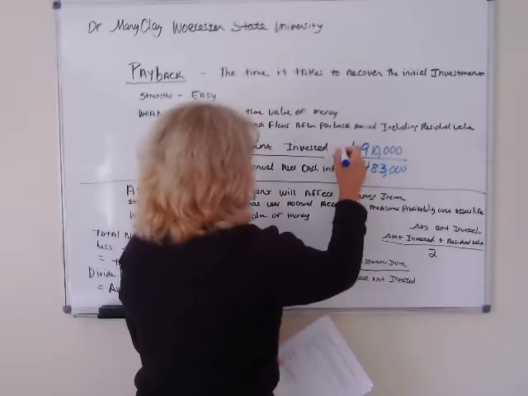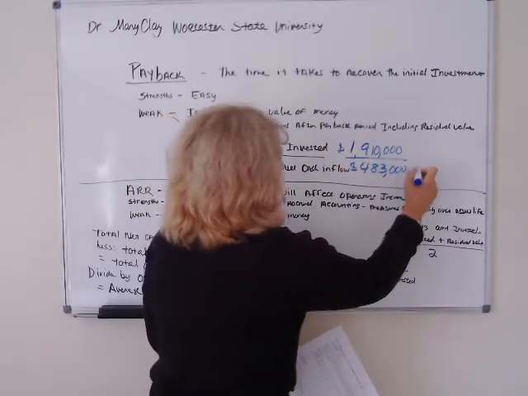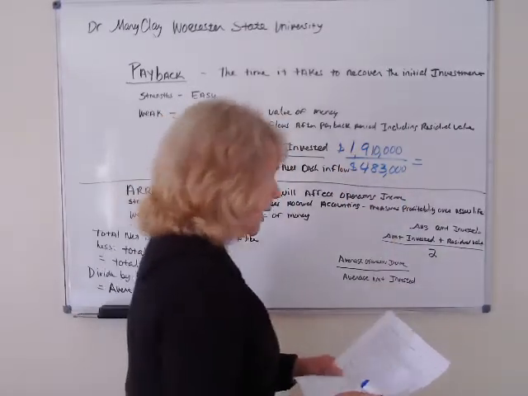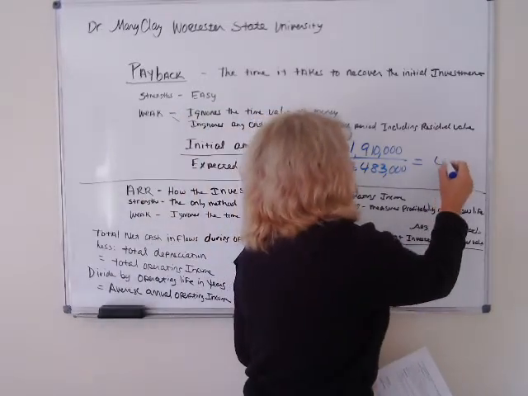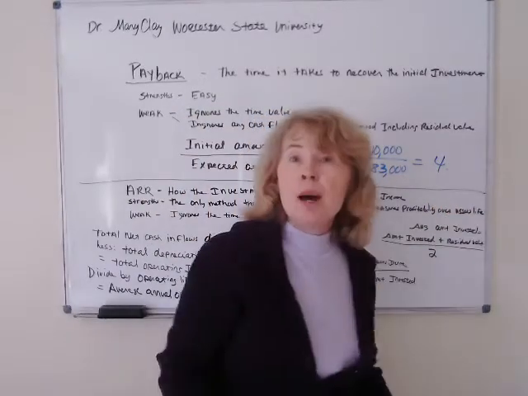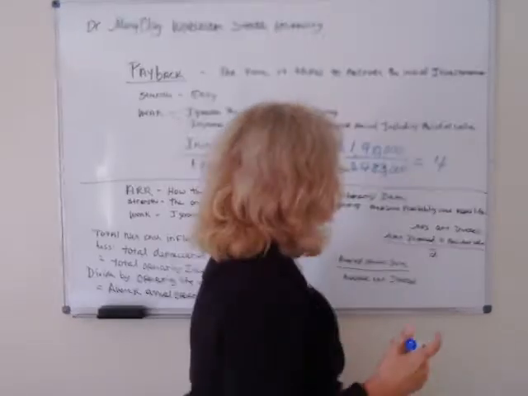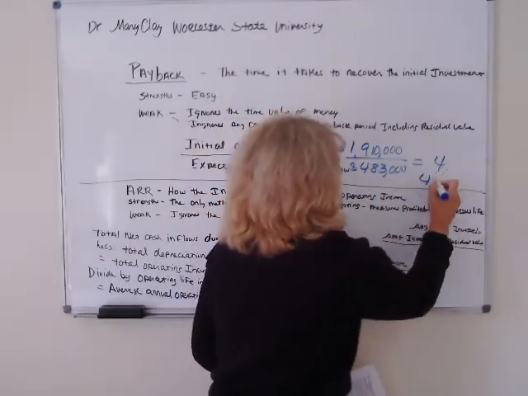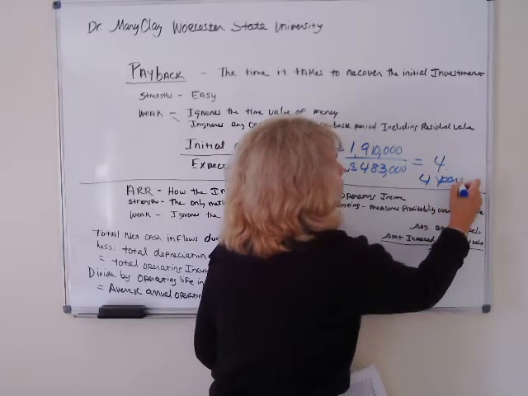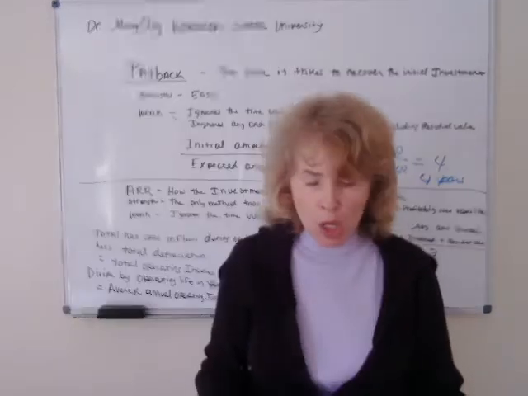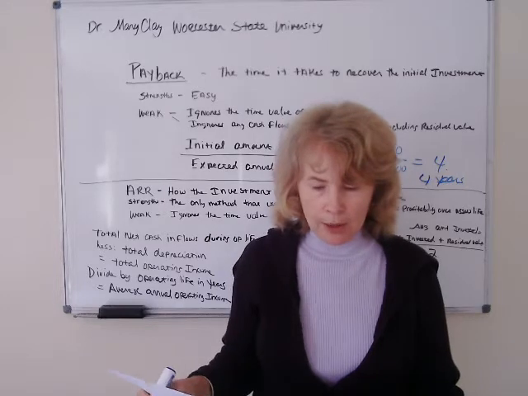We divide that out, and it is 4 point some odd numbers. Bottom line is round to the nearest dollar, so your answer is 4 years. So always round to the nearest whole number when you work on the payback period.